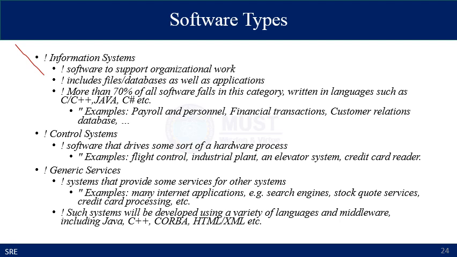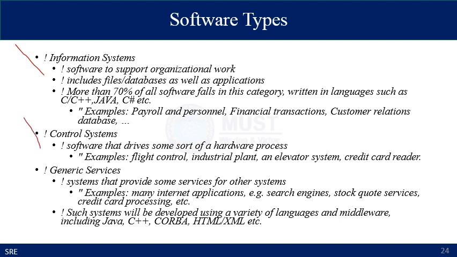It includes files, databases, as well as applications, and more than 70% of all software falls in this category, and these are written in languages such as C, Java, C++, C Sharp, Python, and PHP. So the examples include payroll and personnel systems to manage employees, financial transactions which are used in banking systems, customer relations, and databases, etc.